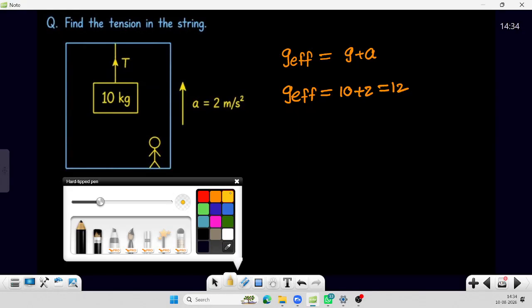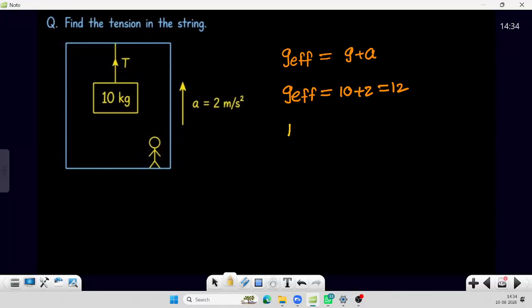From this we can say tension is equal to m into g effective. Whenever we add two quantities, they must have the same units. So how much is the tension? M is 10, so 10 into 12, which is equal to 120 newtons.